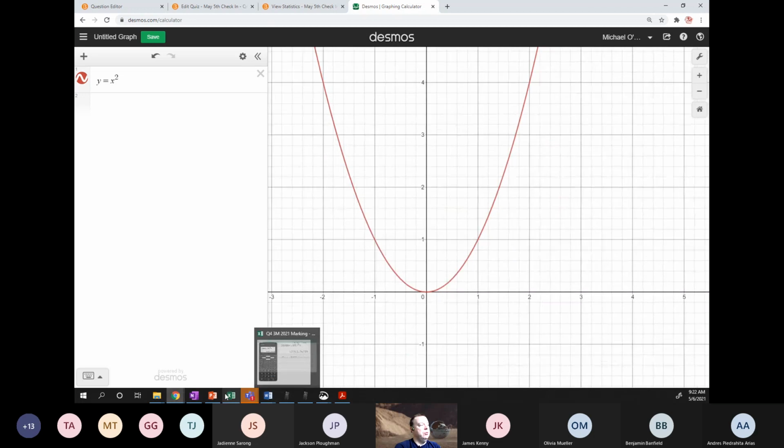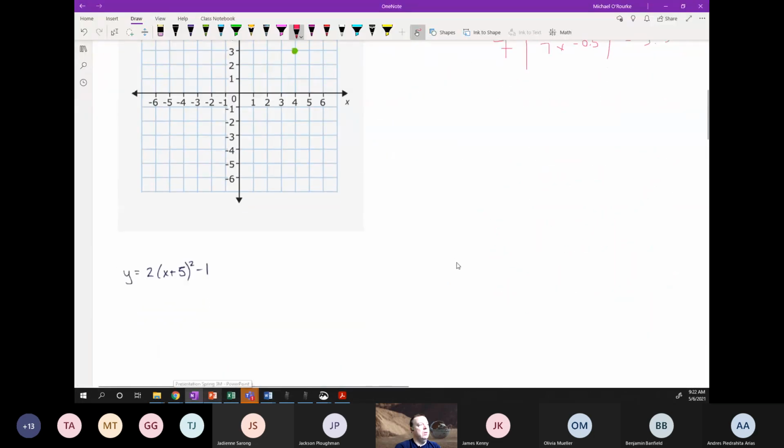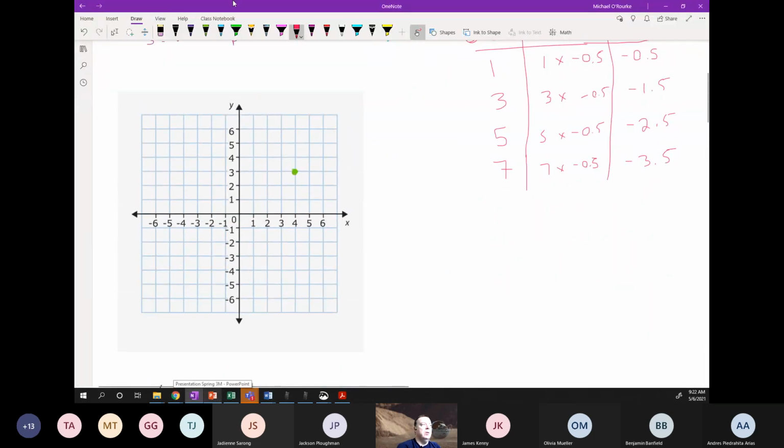So we use a step pattern to graph. For this one, we're going to go over 1, and our step pattern is minus 0.5, which means we go down a half and put a dot right there. On this side, we go over 1 and down a half.